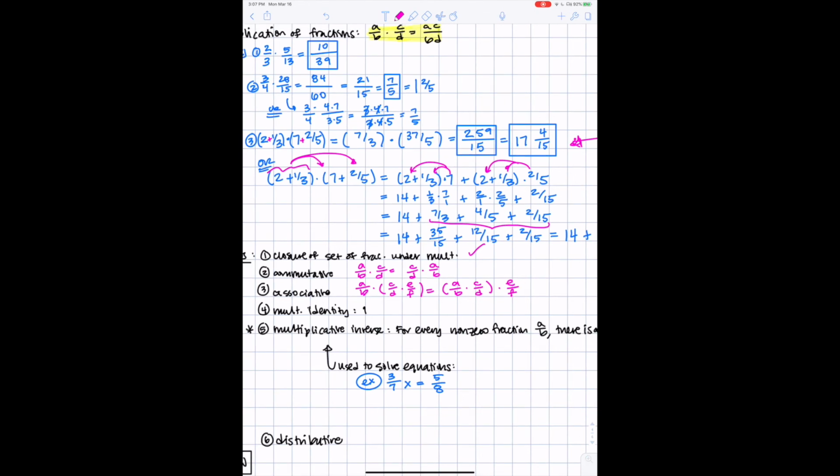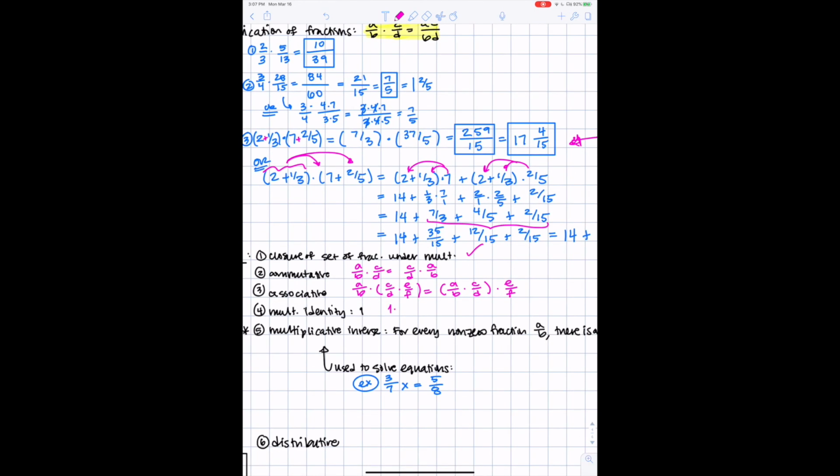So this tells me that 1 times any fraction is just that fraction, right? So 1 is still my multiplicative identity. And 1 is in the set of fractions. It's just 1 over 1, or actually any number over itself, as long as that number is not 0.